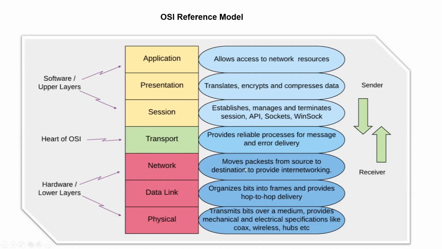It moves packets from source to destination to provide internetworking. After the TCP job is finished, it will pass the packets down to the network layer, where IP will work. IP stands for what? Internet Protocol. Now this IP uses the IP address to identify the location where the information must be routed.